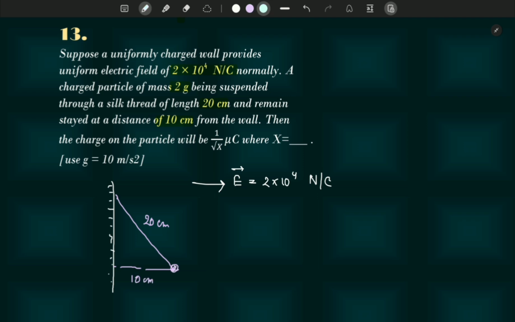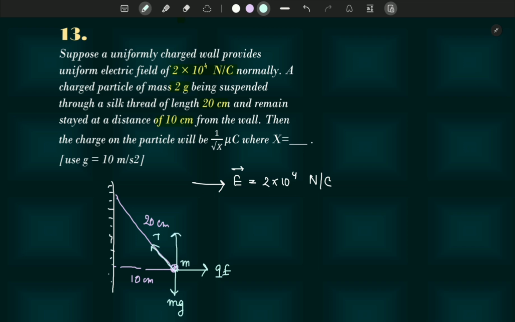And now if I draw the FBD of this small particle of mass 2 grams, in this direction a force QE is acting, in the downward direction mg, and in this direction tension.